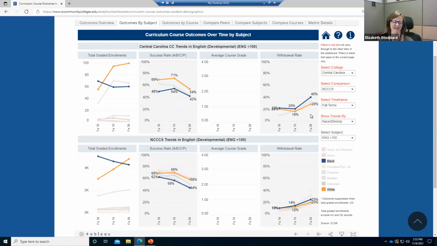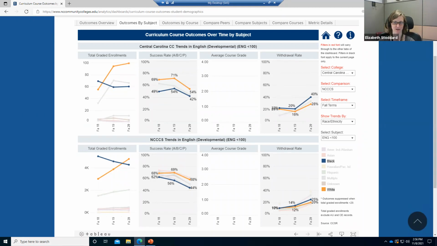So again, you all know your own colleges and campuses the best, so many of these things that the dashboard shows you can put into context for your college, that other people wouldn't be able to do as well as you yourselves at the colleges.